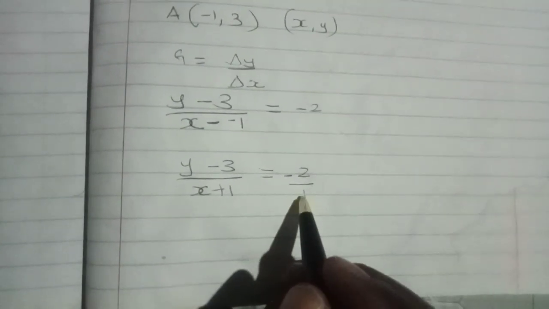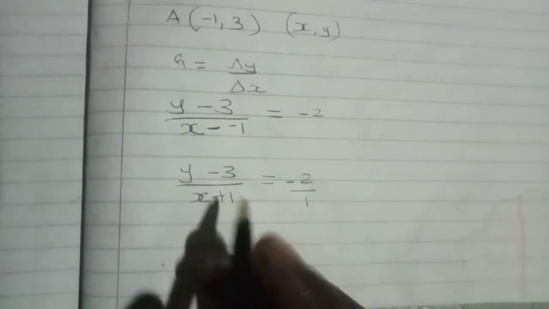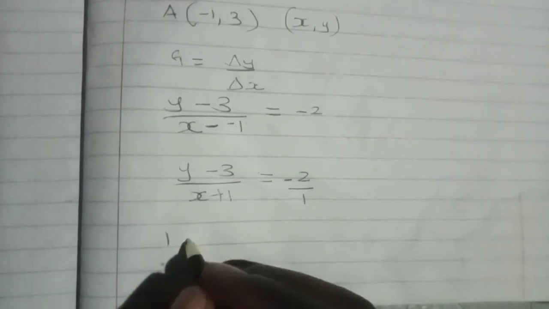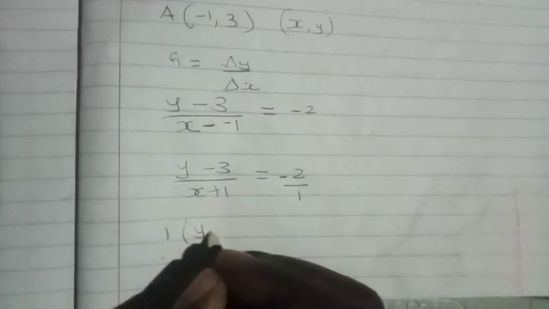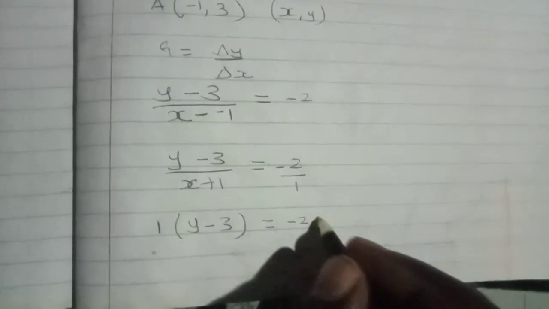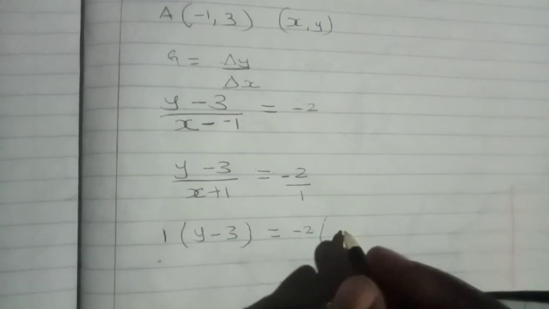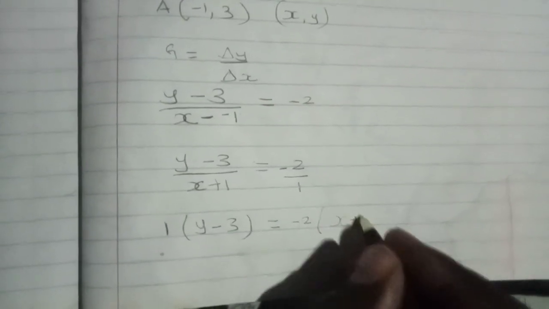After reaching here, we are going to cross multiply. So 1 will multiply that, so that is 1 into y minus 3. This will be equal to -2 into everything in the denominator, x plus 1.